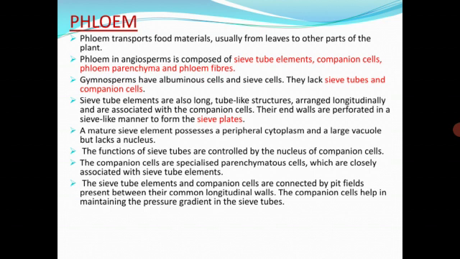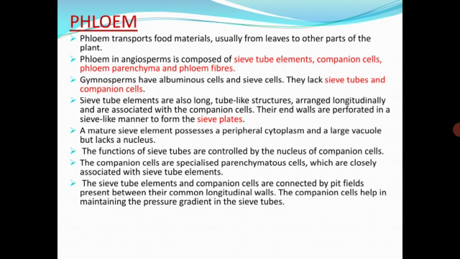The companion cells are specialized parenchymatous cells closely associated with sieve tube elements. They are connected by pit fields present between their common longitudinal walls. The companion cells help in maintaining the pressure gradient in the sieve tubes.